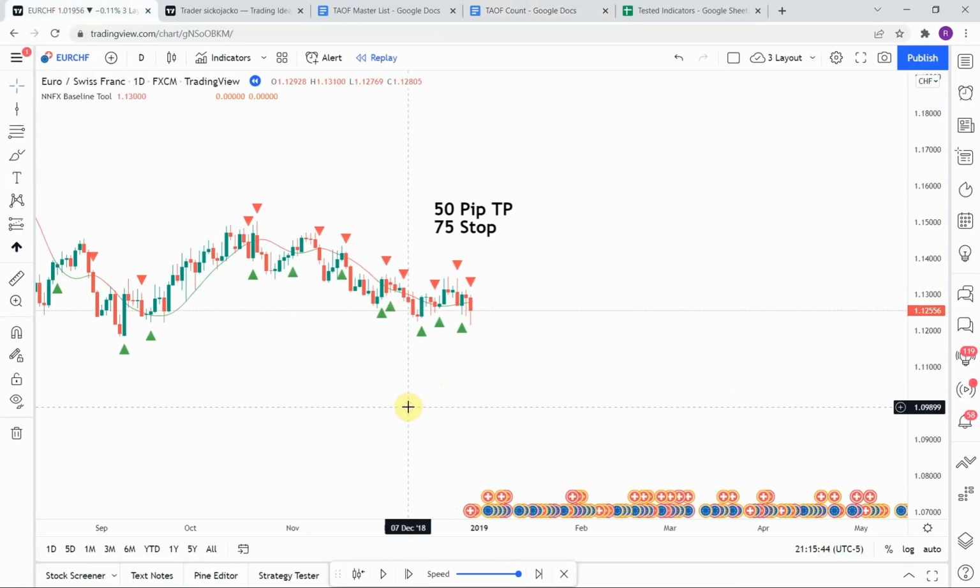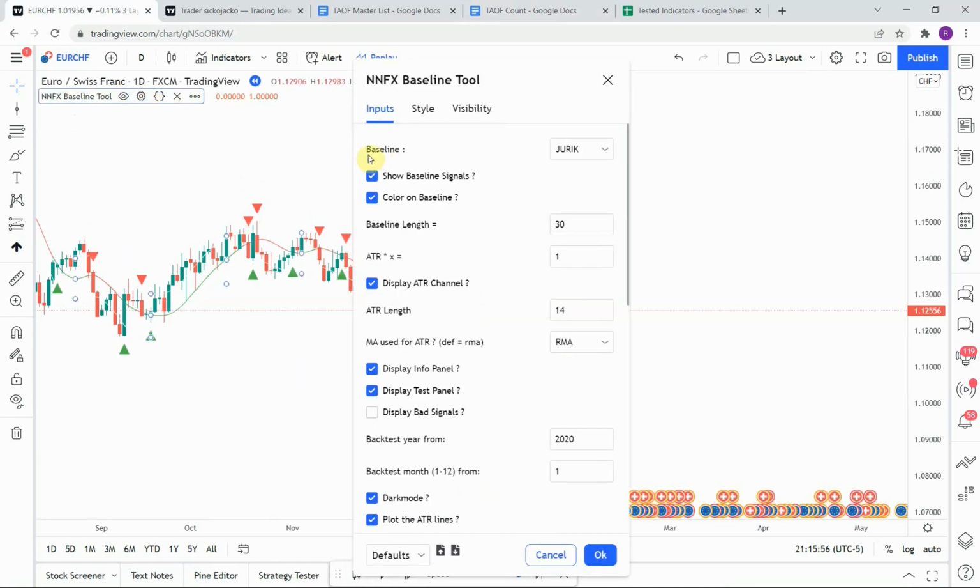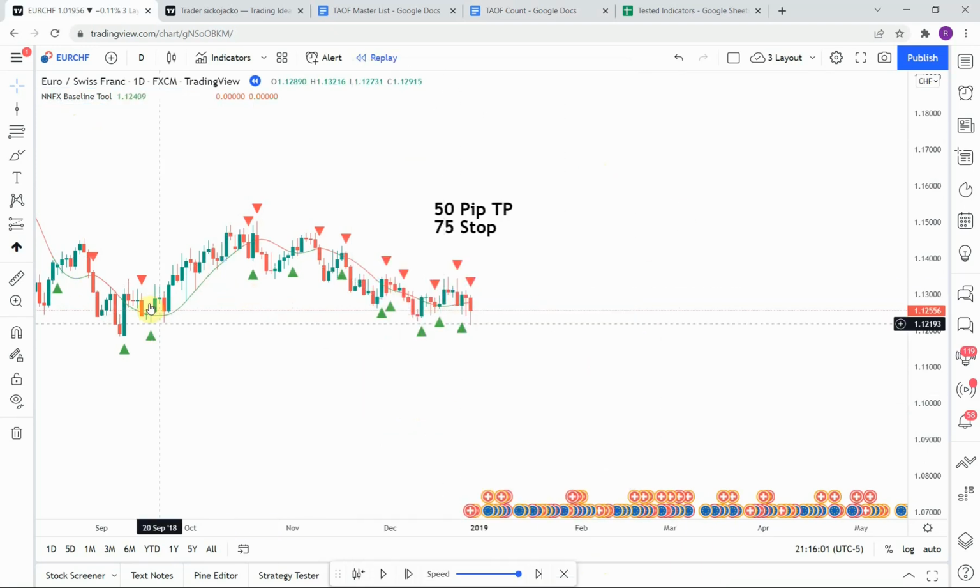Alright, so today's indicator is the NNFX baseline tool. We've tested this one, or used this one, I guess I should say, many times before. And so we are testing it this time with a baseline of the JURIK moving average. Of course, it is set to the 30 period, like all the other moving averages that we have tested. And the setup on this is relatively easy. For those of you who haven't seen the other videos, basically this is the no nonsense Forex baseline tool.